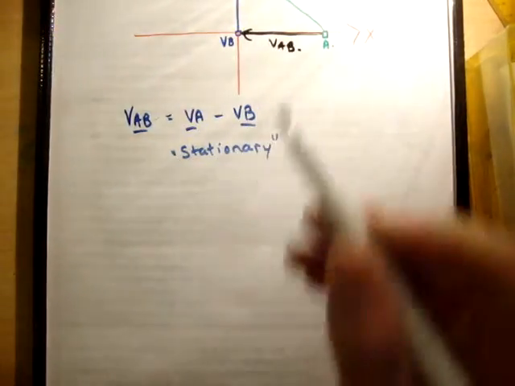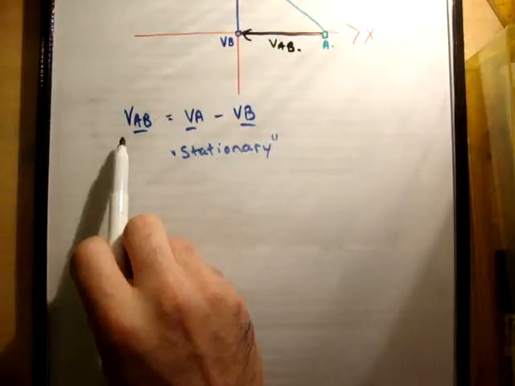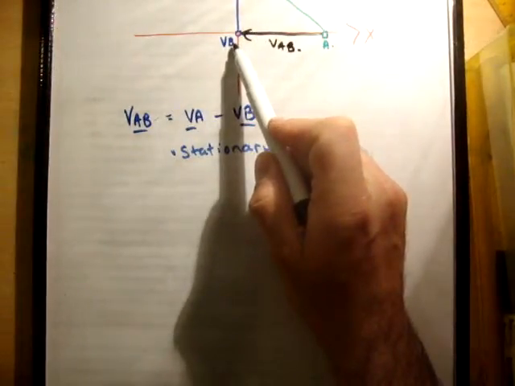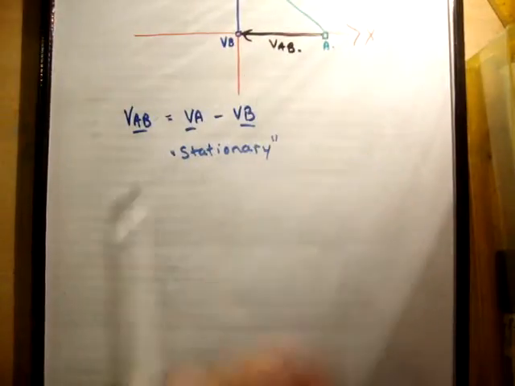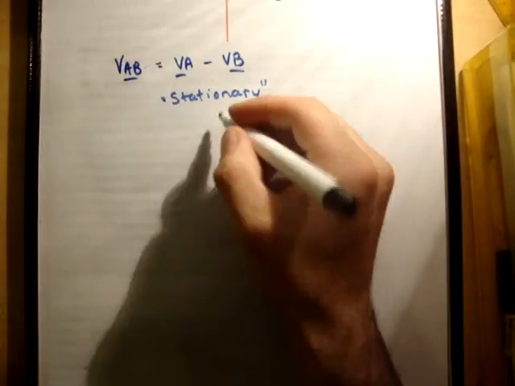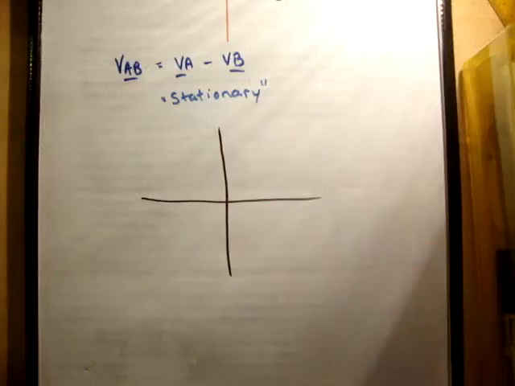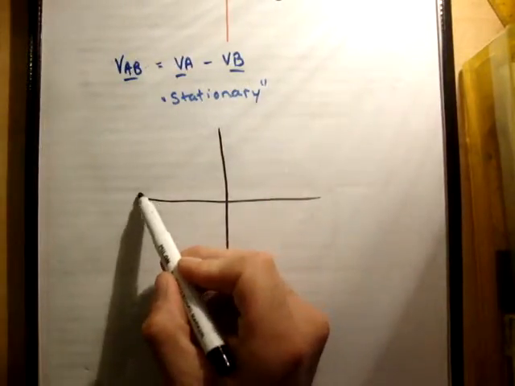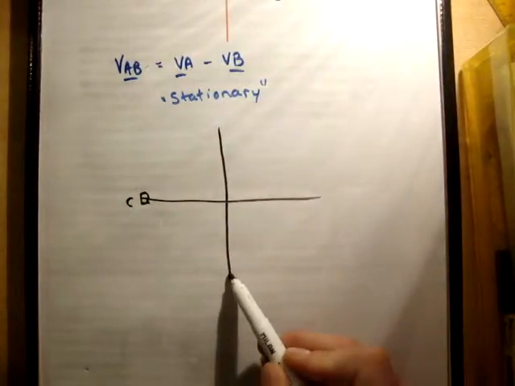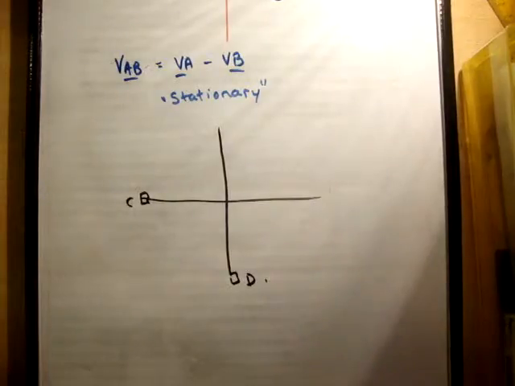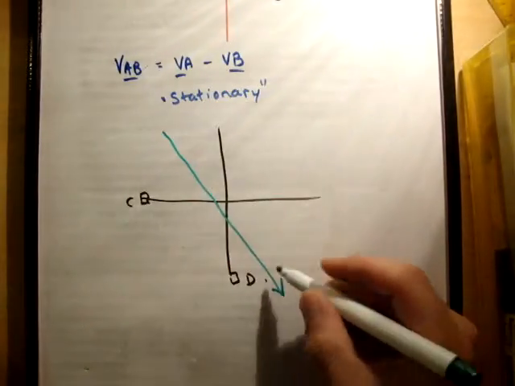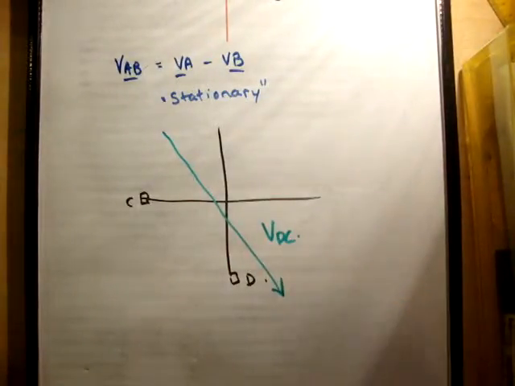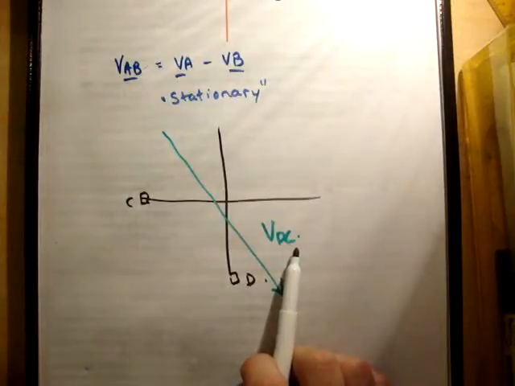If we're talking about VAB, then B is not moving, and therefore if they're on a collision course, VAB must move into it. To illustrate that, if we use another Cartesian plane here, and we have the point C and the point D, and the velocity vector VDC is like this, then in this case C is stationary.